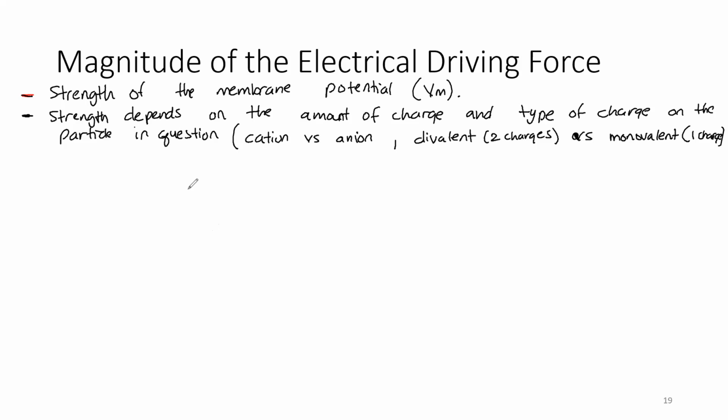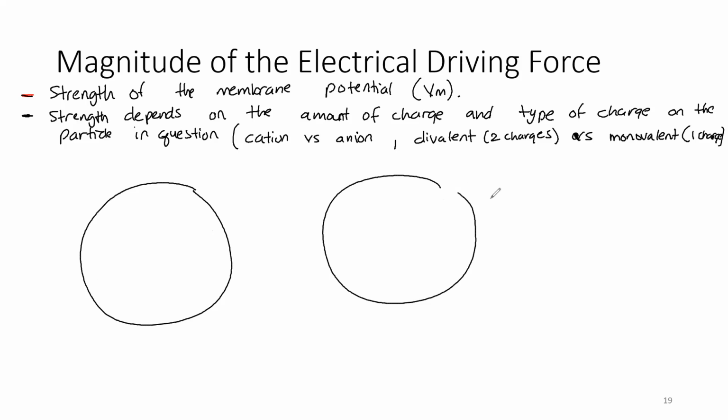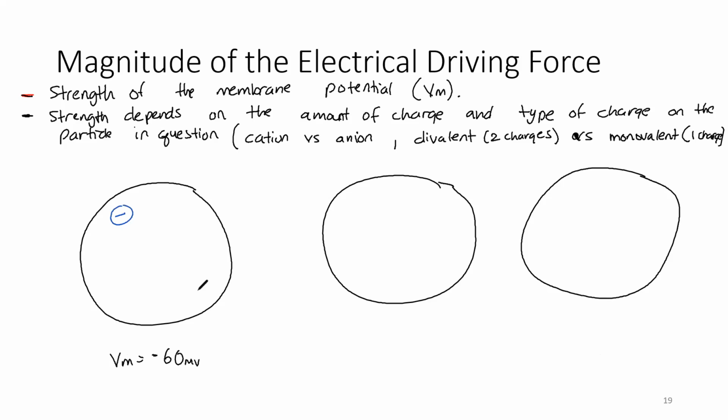So let's illustrate that here at the bottom. We've got three scenarios, or three cells here. Let's think about the membrane potential in each of these. The membrane potential here is negative 60 millivolts. Let's think about our charges again. We have negative charge inside the cell. Remember that negative 60 millivolts is referencing the inside of the cell.